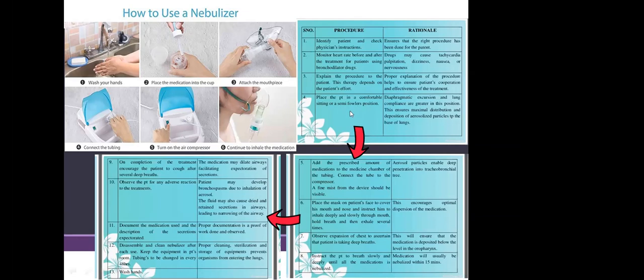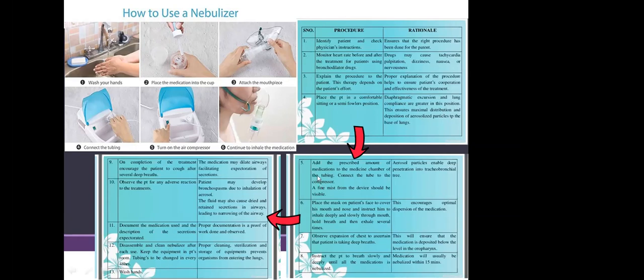Next, we have to place the patient in a comfortable sitting position, about 30 degrees, to ensure that the diaphragm and the lung compliance are greater in this position.